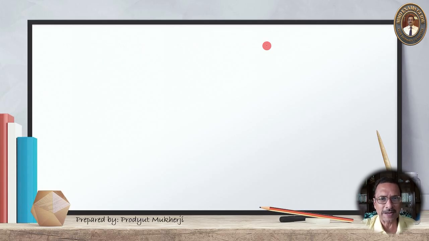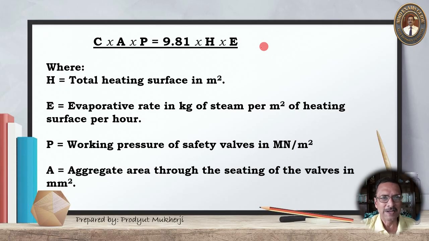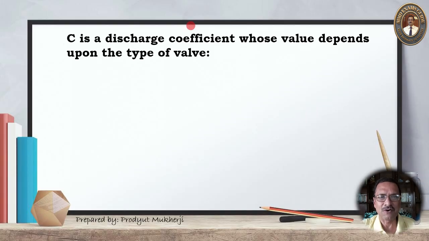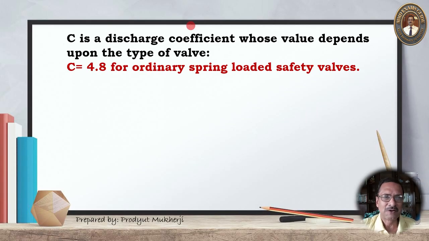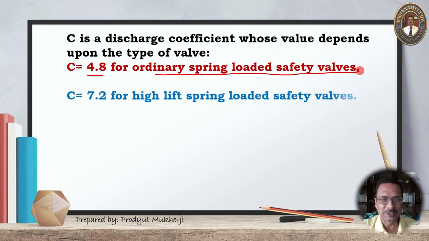We'll go back to the previous formula. We saw A, P, 9.81, H and C. This C is a coefficient of discharge and it depends on valve to valve. For example, C would be 4.8 for an ordinary spring loaded safety valve. The value of C would increase to 7.2 for a high lift spring loaded safety valve.